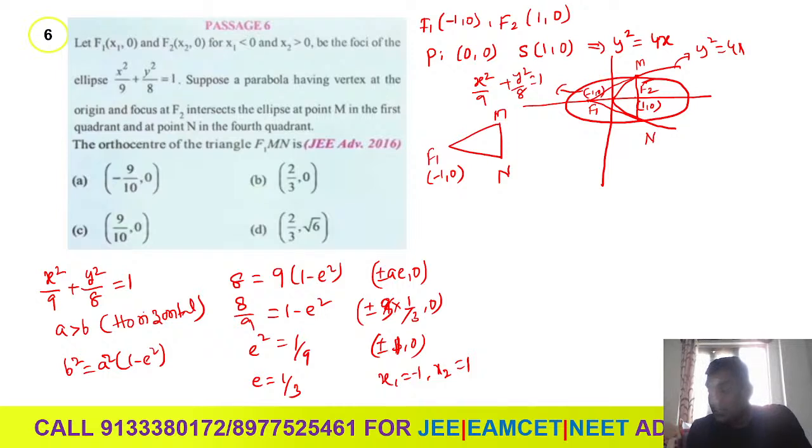So we can get M as 3 by 2 comma, yes or no? We can get 3 by 2 or not? What is 3 by 2 actually here?